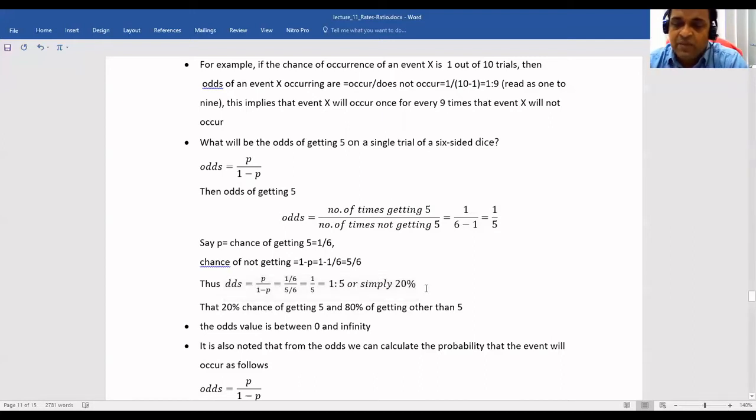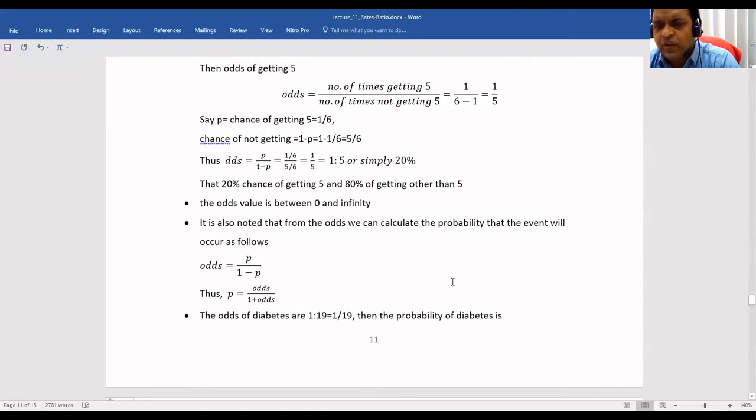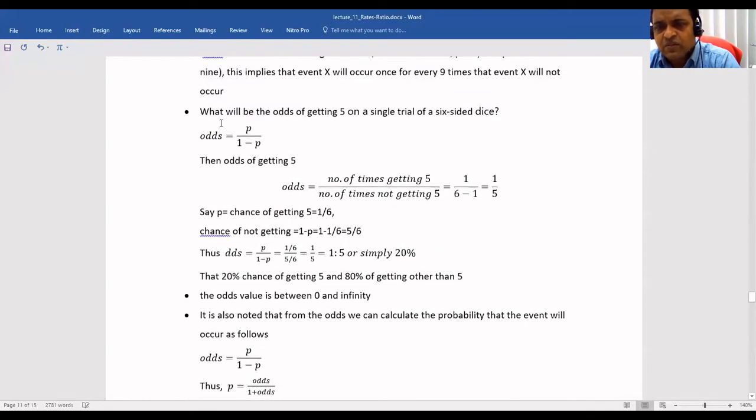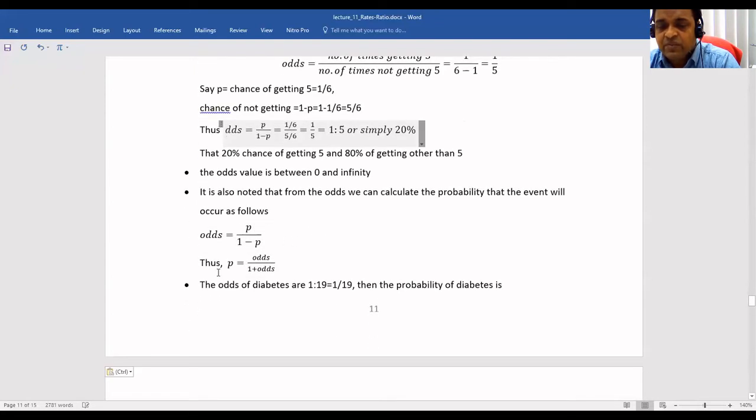Something happens, and what is the probability something will not happen? So from the odds, you can also find the probability. We know odds equal P divided by 1 minus P. If you do simplification, we get probability equal to odds divided by 1 plus odds.